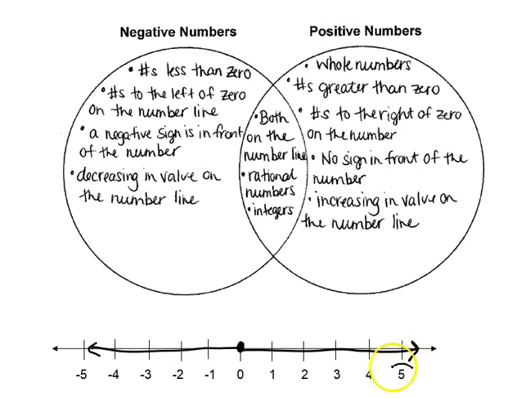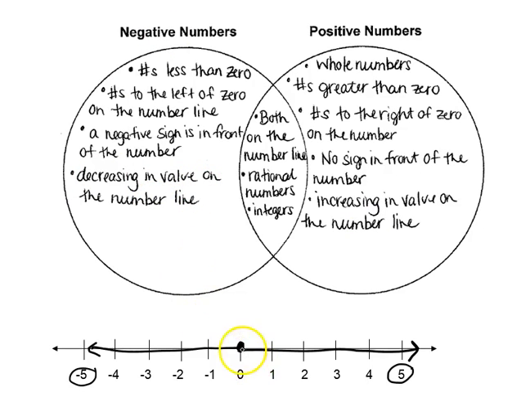So right here, 5 is a positive number. Notice there's no sign in front of it. However, negative 5 is a negative number, and there's a negative sign in front of it. The last difference is positive numbers increase in value on the number line, where negative numbers decrease in value on the number line.